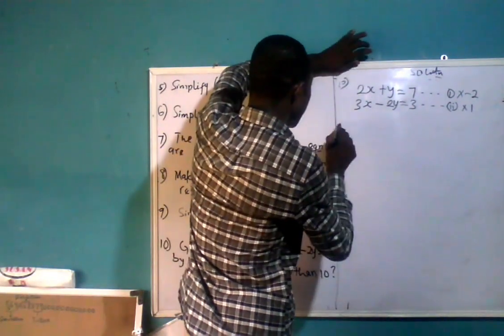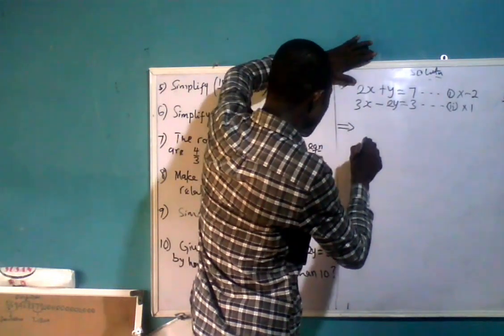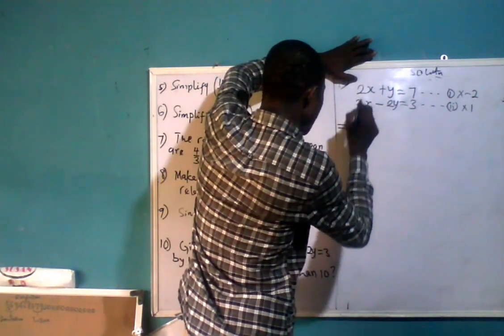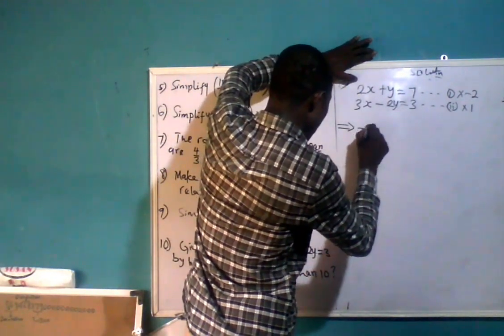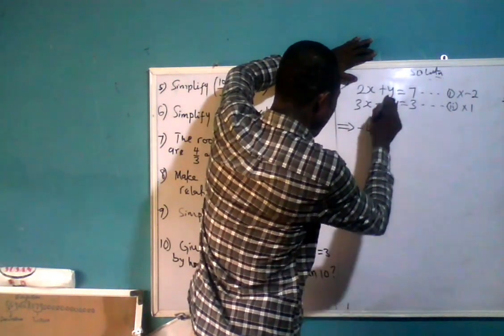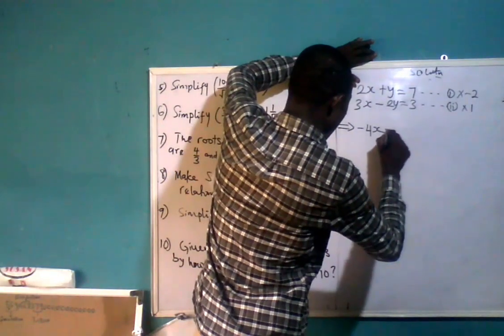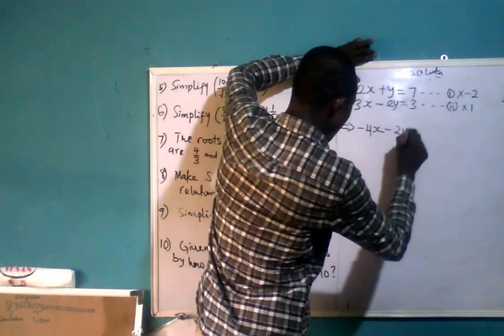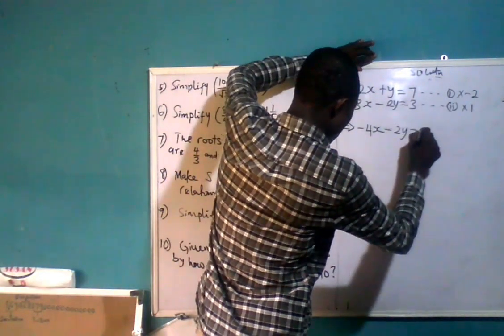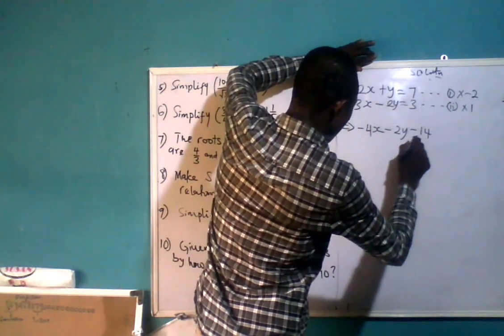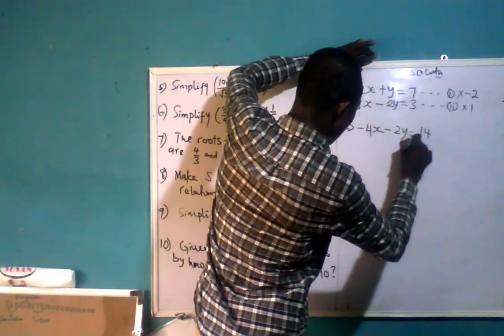If you do that, the first equation will turn to -2 times 2x, that will be minus 4x. Then y times negative 2, that will be minus 2y. Then minus 2 times 7, that will be minus 14.